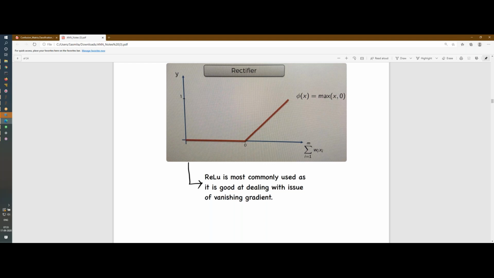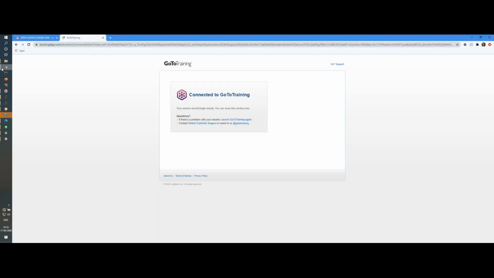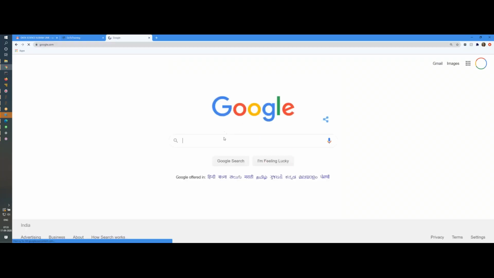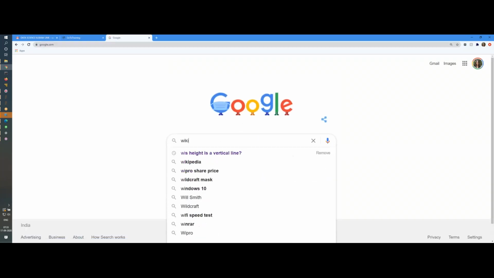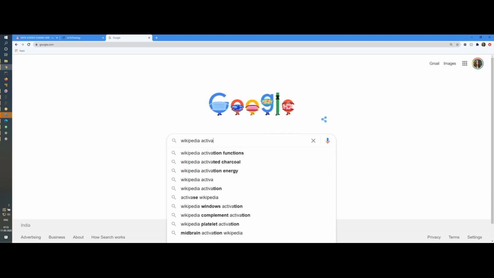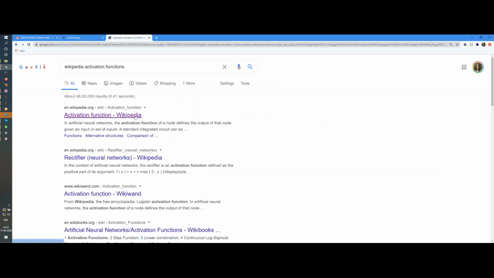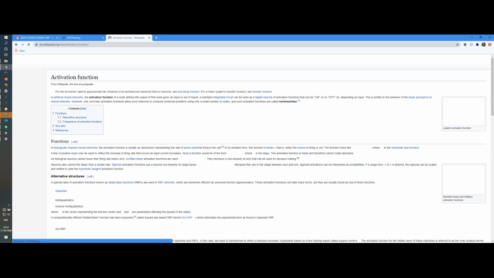Today I will post a really nice paper. You will find 20 to 25 activation functions. If you go to Wikipedia, you'll find a list of so many activation functions, but there is a paper which describes them in a detailed way.